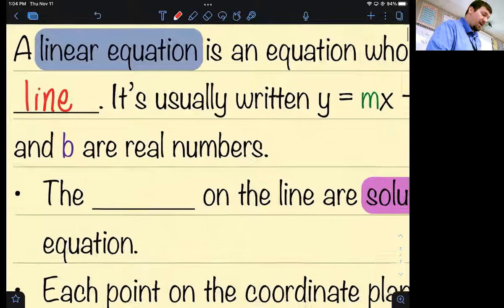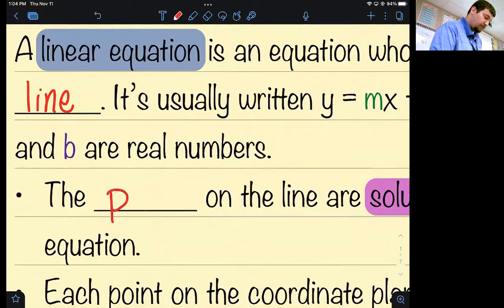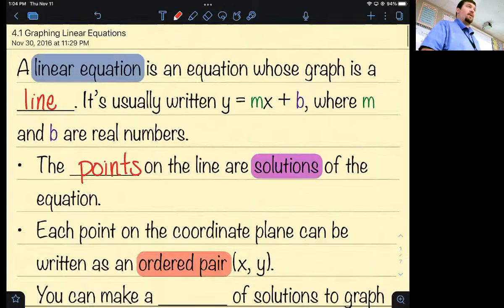Okay. The points on the line, because a line is made up from an infinite series of points, the points on a line are solutions to this y equals mx plus b equation.